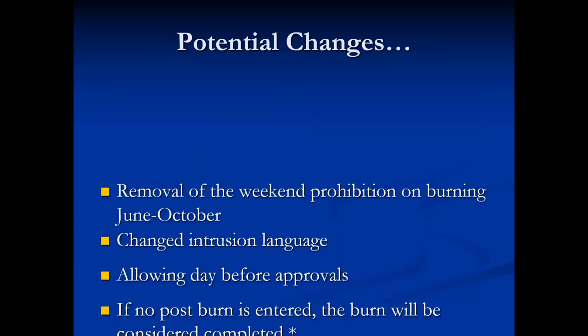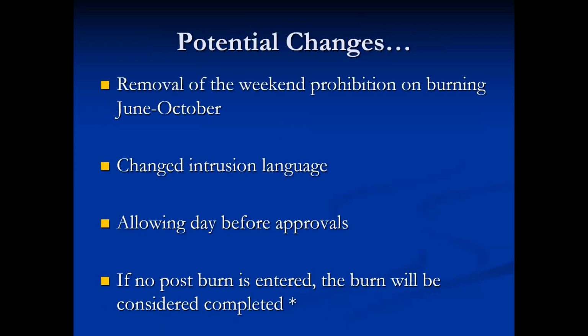Some of the things that we're trying to get with the new smoke management plan: we've had for years and years, since 1993, a prohibition on burning from June to October on the weekends for large burns. So that's over 100 tons of material.